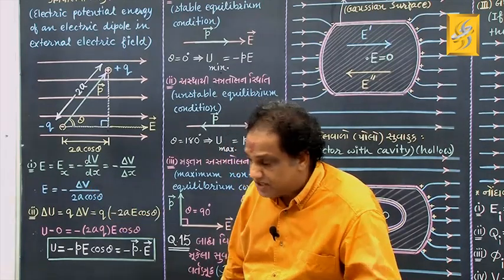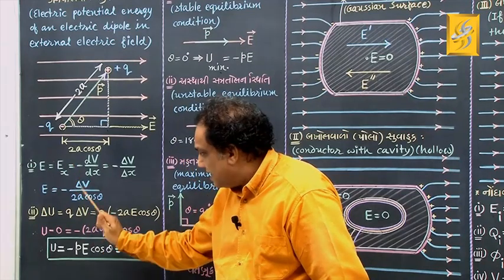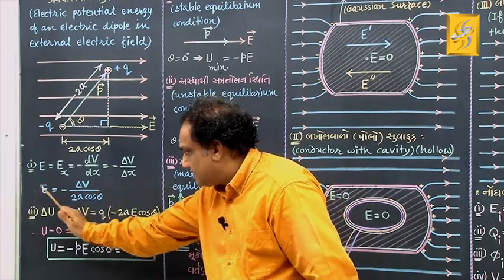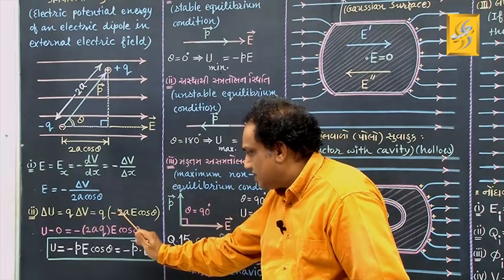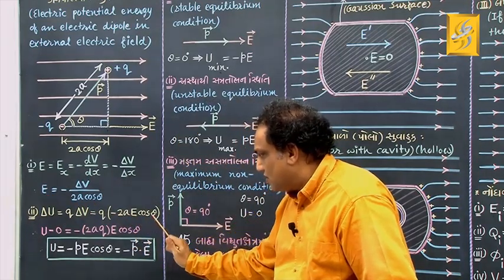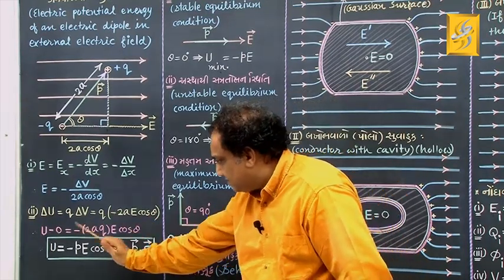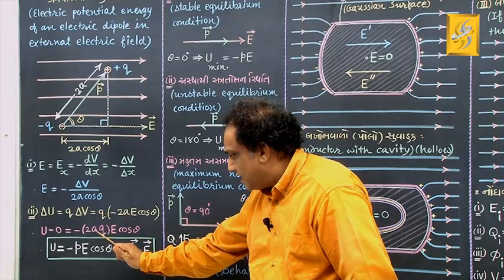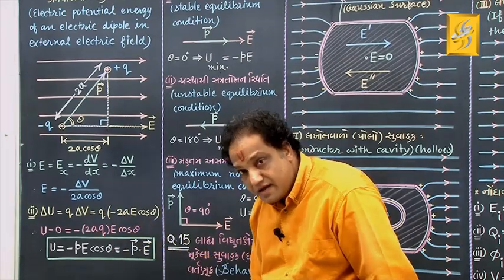Delta V will be how much? Transfer this minus sign here and transfer this, okay? Then delta V will be minus 2a into E into cos theta, correct? Now this minus sign as it is, 2a into Q I am writing in bracket, into E into cos theta.